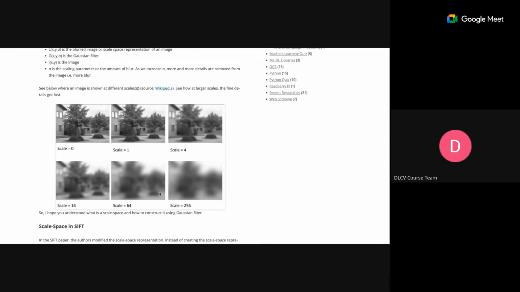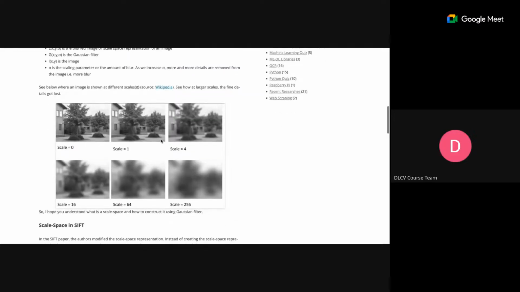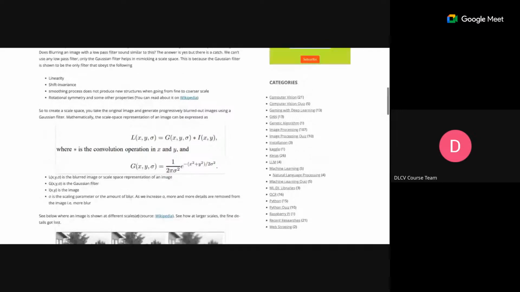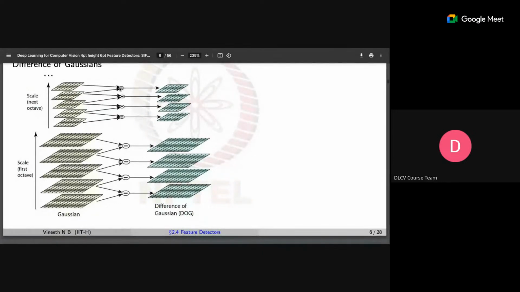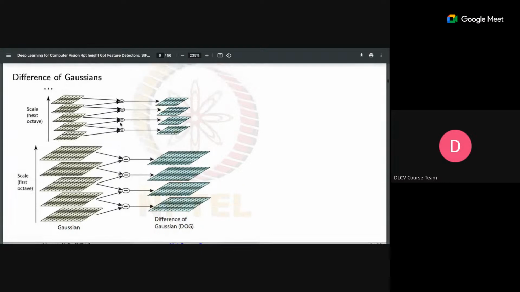So that is why it's not just blurring. You are calculating the difference, right? Difference of Gaussians.